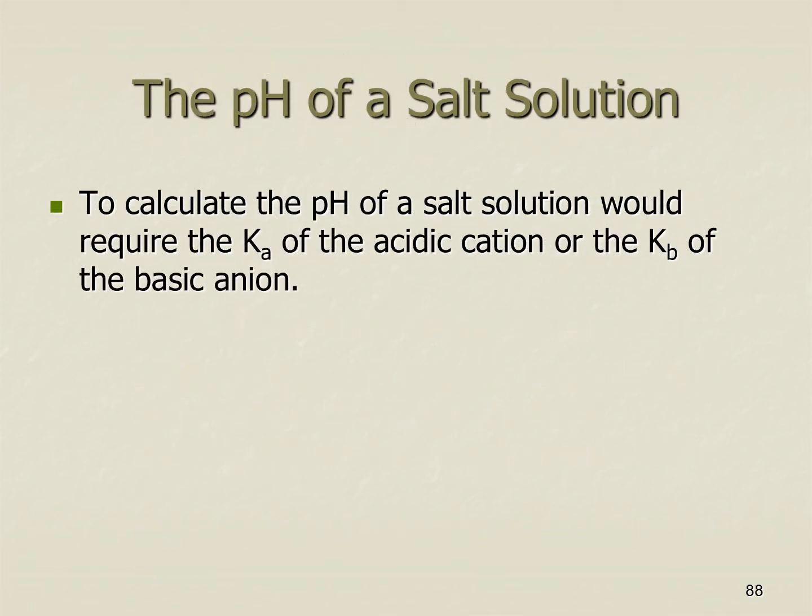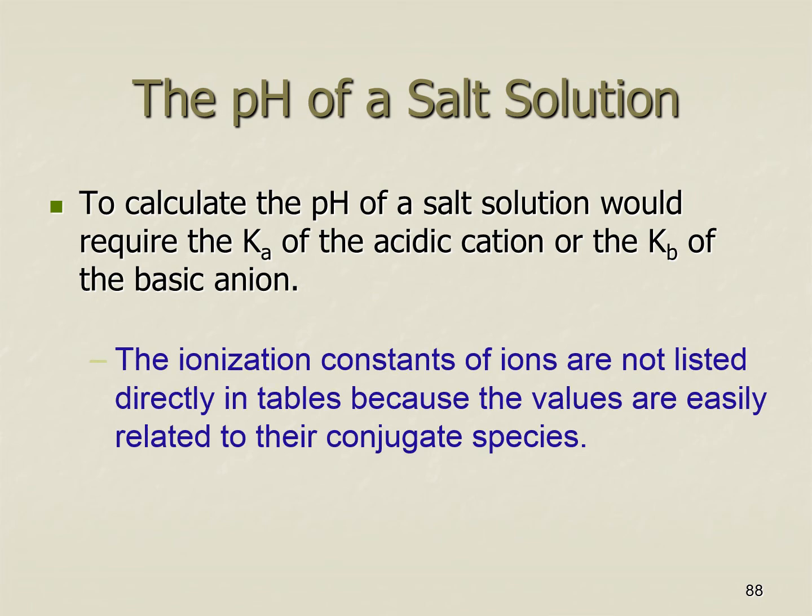Okay, so if you want to try to find the pH of a salt solution, what you would need is the Ka of the cation or the Kb of the basic anion. I was talking about that just a minute ago when you were comparing which ion was stronger by looking up the Ka of the cation or the Kb of the anion. Unfortunately, they're not listed directly in tables.